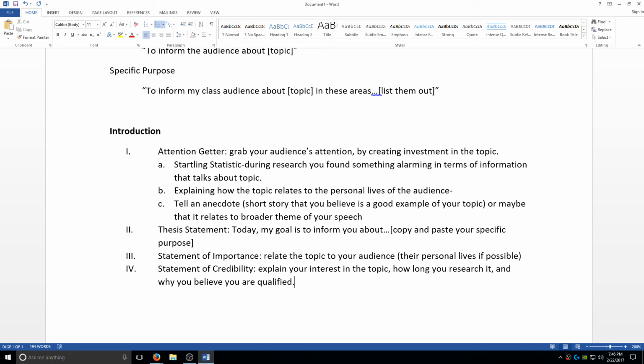Right? Maybe that sounds a little better, but it's still the same basic pattern. You explain your interest in the topic, how long you researched it, and why you believe you're qualified. It always follows the same pattern. Even if it's like, "I researched this for class for 3 weeks," that's totally fine, totally legit. Again, you're building good habits here.